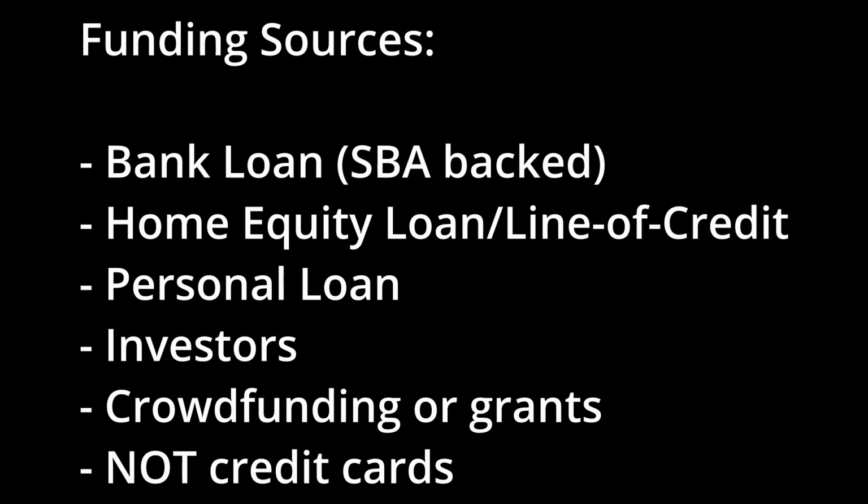The second one, the home equity line of credit, or HELOC as they're called, is what I did. I'm not sure I recommend it, but it's a possibility. Personal loans, you could have people that you know and support what you're doing loan you money. And likewise, people who believe in you and have the funds, you might take them on as investors.